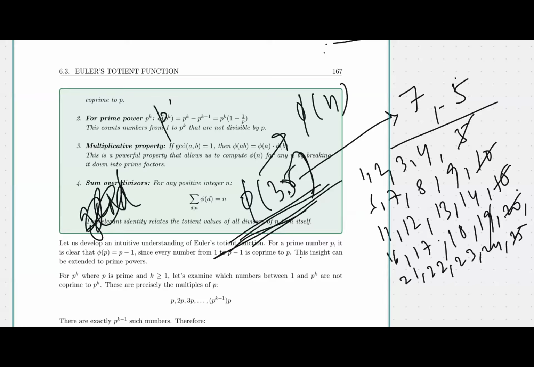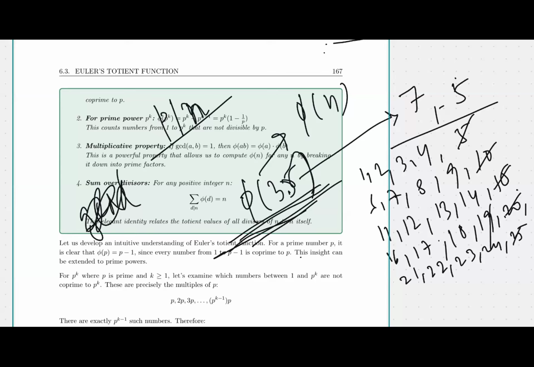So any number that is a multiple of p will also not be coprime to n, right? Is this clear? Yes, sir. And vice versa.